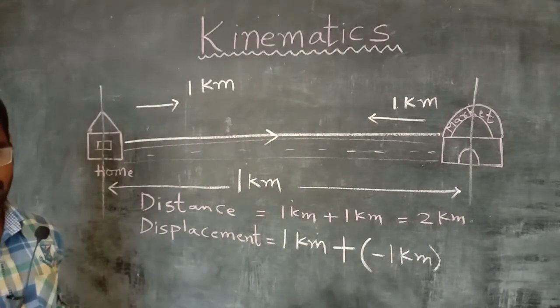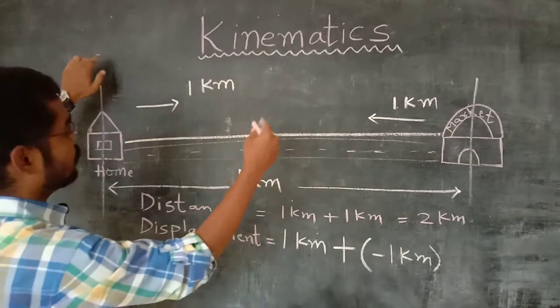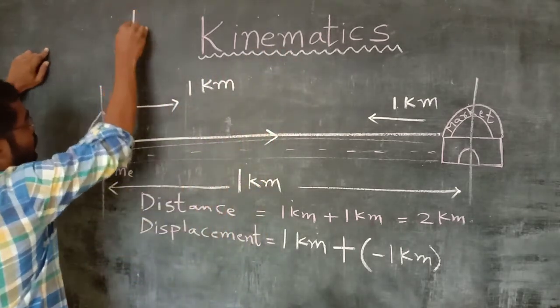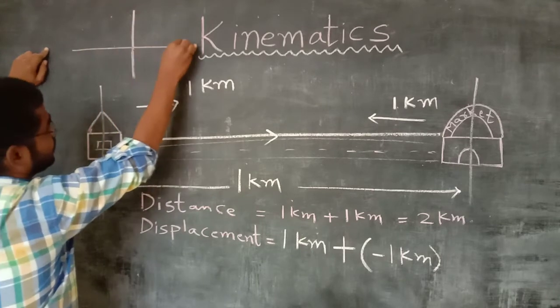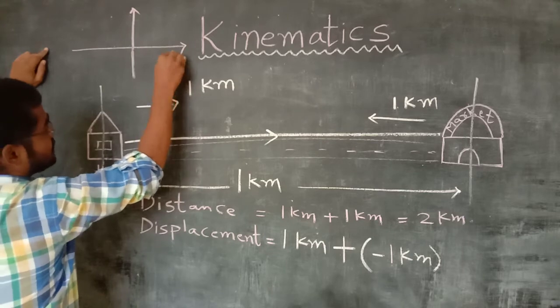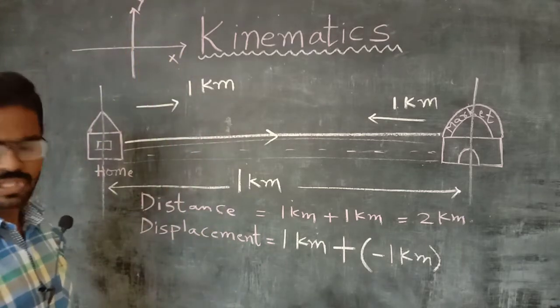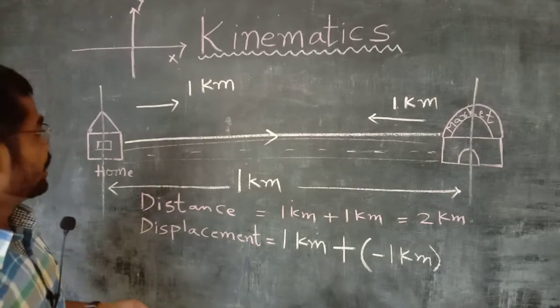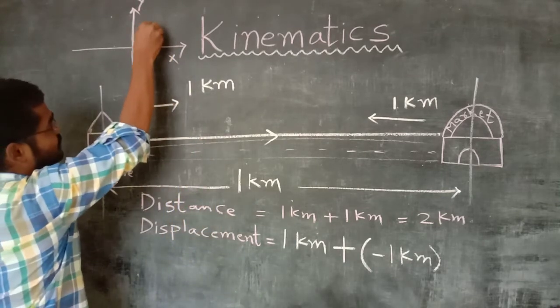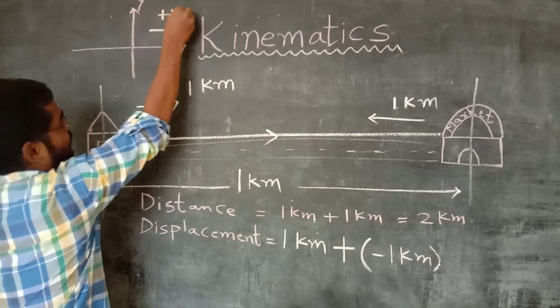The reason is very simple. In vectors, generally, I think you all know how to draw graphs. You will be learning it in your 10th class and 9th class. So if I take this as the x-axis and this as the y-axis, the basic denotation is that I will always consider the right side of the x-axis as the positive direction.